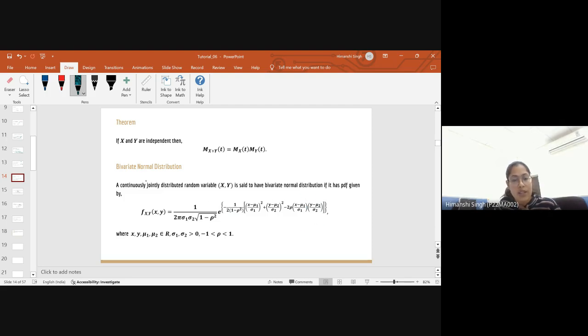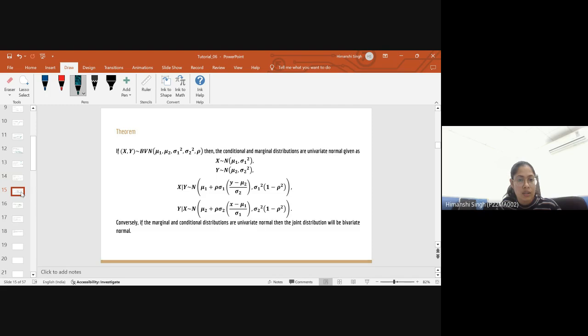Now if I consider the marginal densities of x and y for this joint density, I will be summarizing those results in this theorem. If x and y have a bivariate normal distribution with parameters mu 1, mu 2, sigma 1 square, sigma 2 square, and rho, then the conditional and marginal distributions will also be univariate normal. What are their parameters? X will be normal with mean mu 1 and variance sigma 1 square.